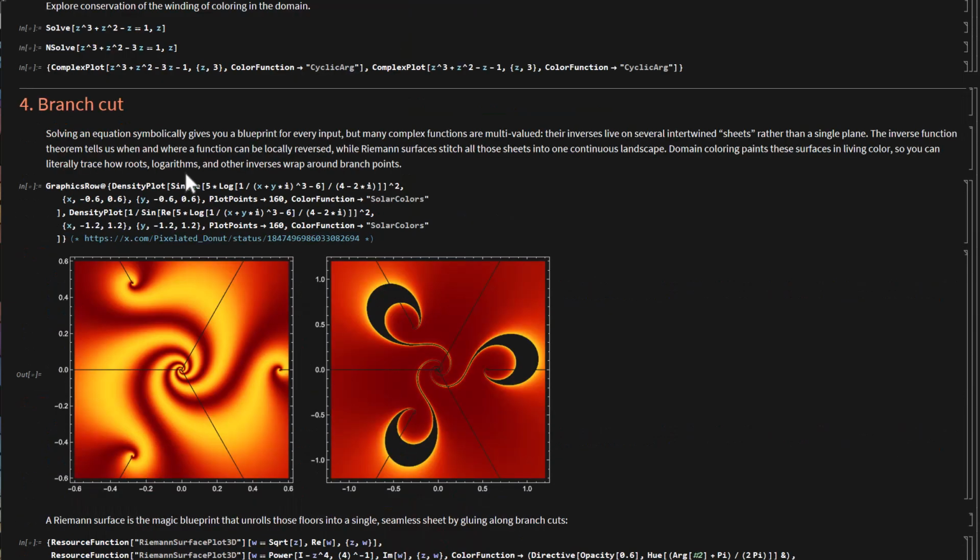The next part is about branch cuts. In this section, these two art pieces are created by branch cuts, and I use a density plot instead of a complex plot, which also shows students how to interchange between two different plot functions based on our needs.